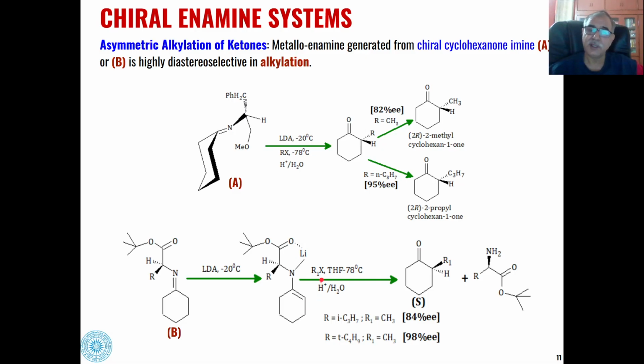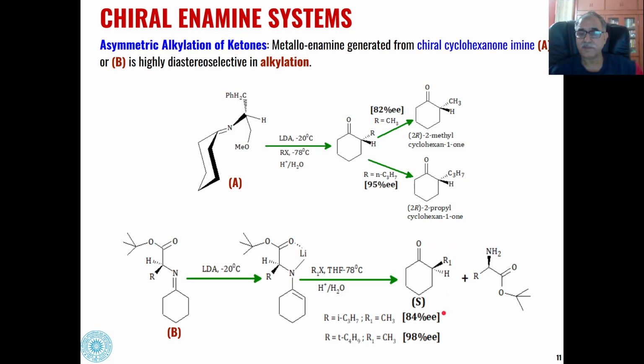Then this enamine will undergo alkylation reaction at the alpha position, followed by hydrolysis will lead to the formation of these types of alpha substituted product. So depending upon the configuration over here, we will get the R or S enantiomers in these types of product.